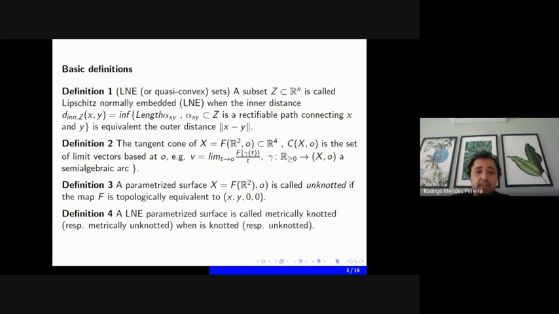And you say that a parameterized surface is metrically knotted when it's knotted and LNE. As you have the two ingredients, you say the surface is metrically knotted. This motivates the title of the talk.